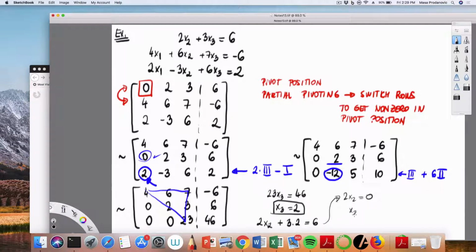And x2 is 0. And then I have 4x1 plus 0 plus 7 times 2 is equal to minus 6. 4x1 is equal to minus 14 minus 6, minus 20. x1 is minus 5.